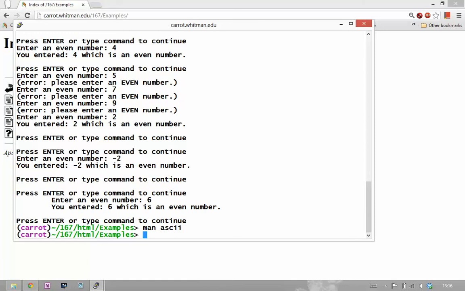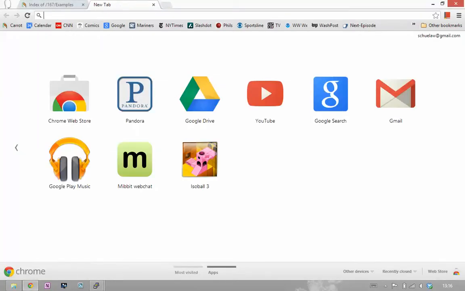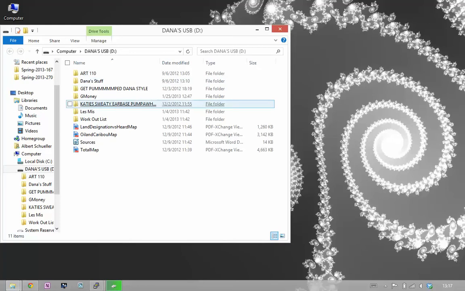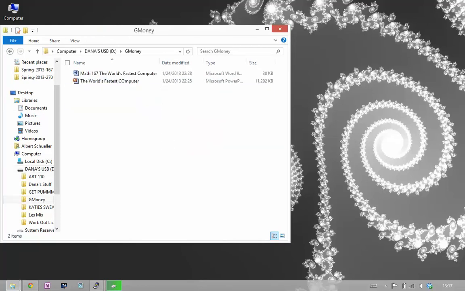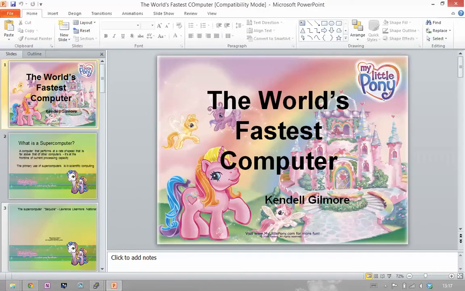Okay, Kendall. Come share with us what the fastest computer is right at this moment in time. So after Kendall's done, what I'm going to do is we're going to spend a little bit of time sketching the quadratic equation program so that you'll, if you haven't already done it, have some roadmap to follow over the weekend.